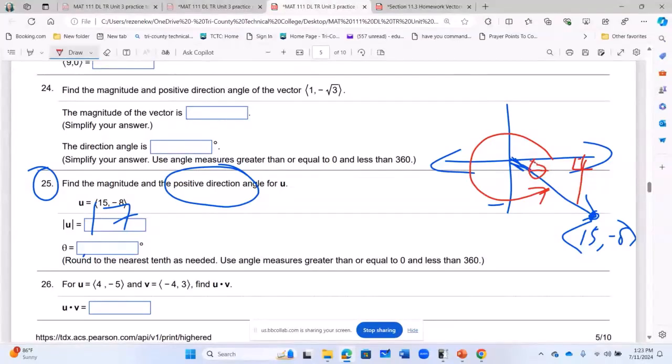And then I can use tangent. What do I know? I know that this is 15. I know that this is negative 8. Tangent is negative in the fourth quadrant.